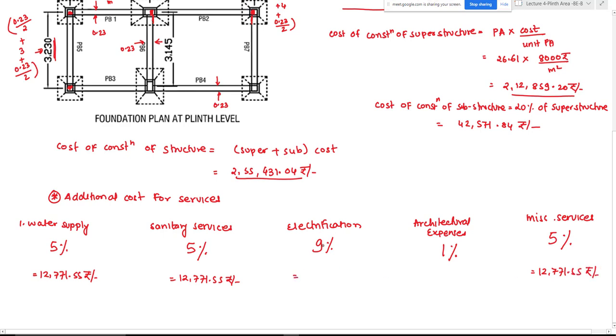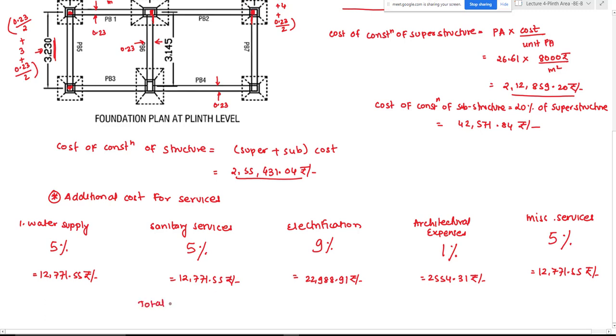This 9% for electrification means 9% of 2,55,000, which will be 22,988.91 rupees. And 1% for architectural expenses. So 1% of 2,55,431 will be 2,554.31 rupees.